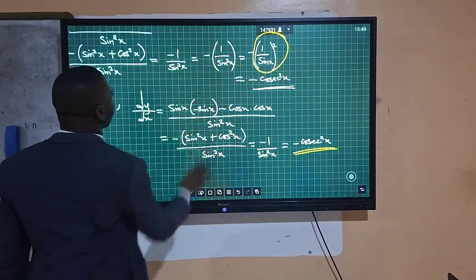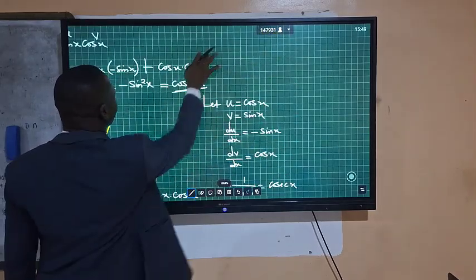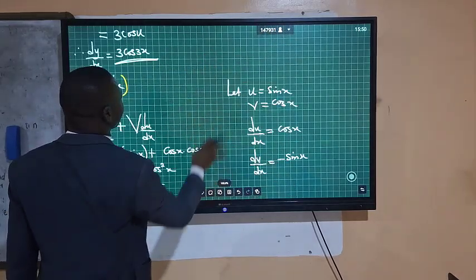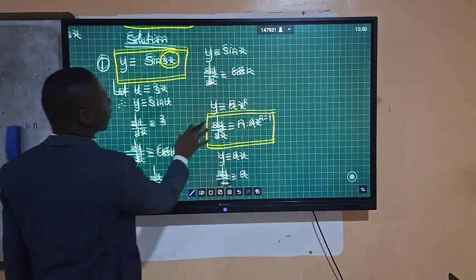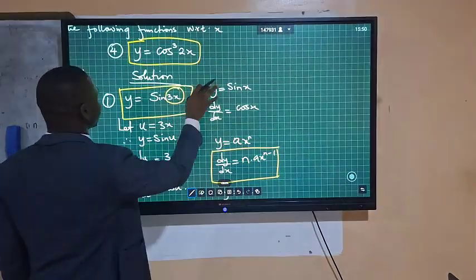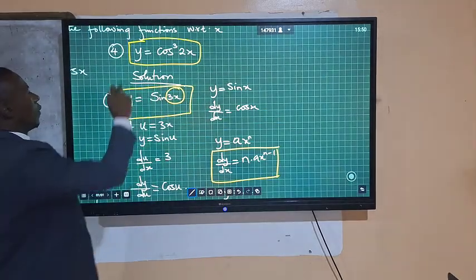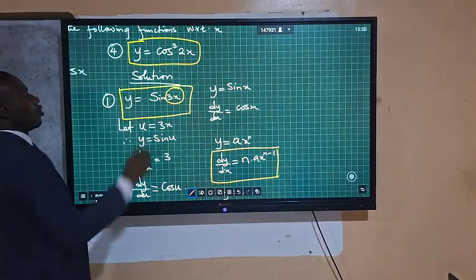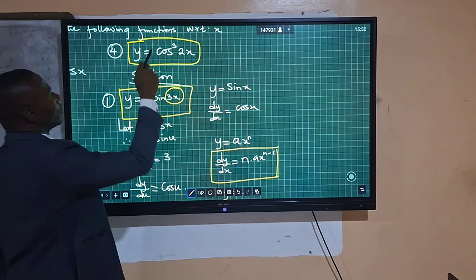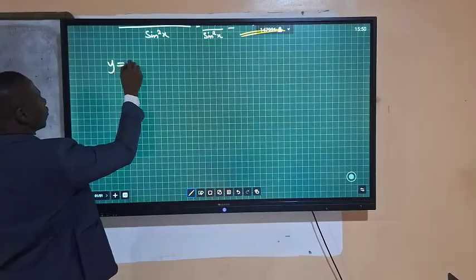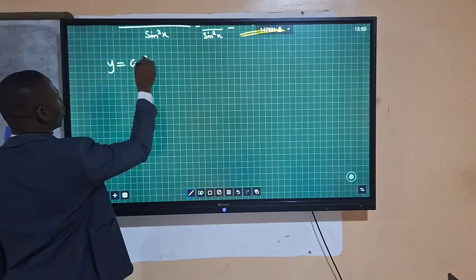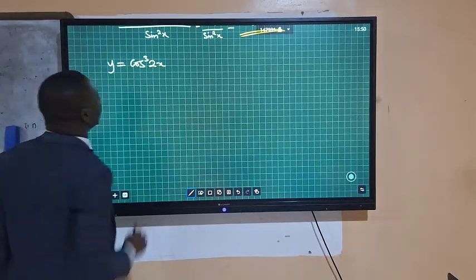Okay, now let's go back to our last question, and that's the last question we solve in this video. The question says y is equal to cos cube 2x.